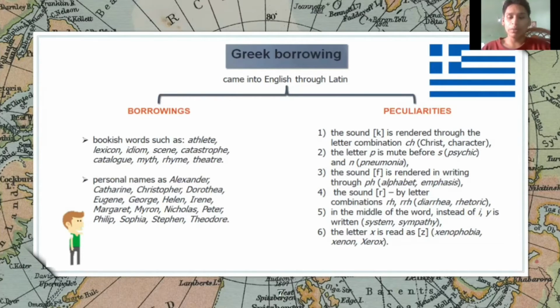The sound r is rendered by the letter combinations rh, in words like diarrhea and rhetoric. In the middle of the word, instead of i, y is written in words like system and sympathy. The letter x is read as z in words like xenophobia, xenon, and xerox.